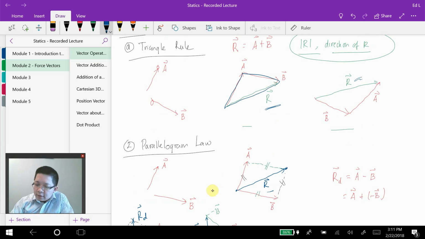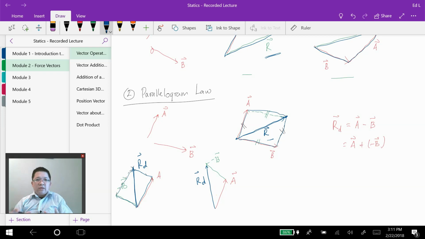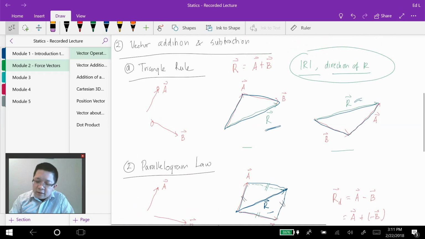And in the parallelogram law, it's this triangle right here, or this one, or this one. These triangles will be very helpful for us to calculate the magnitude of R and the direction of R.